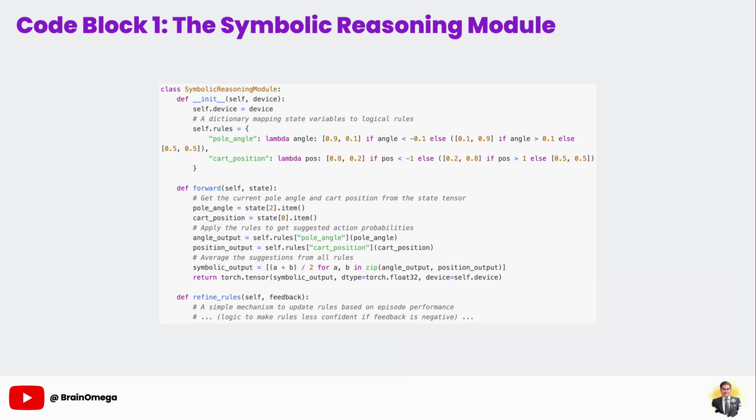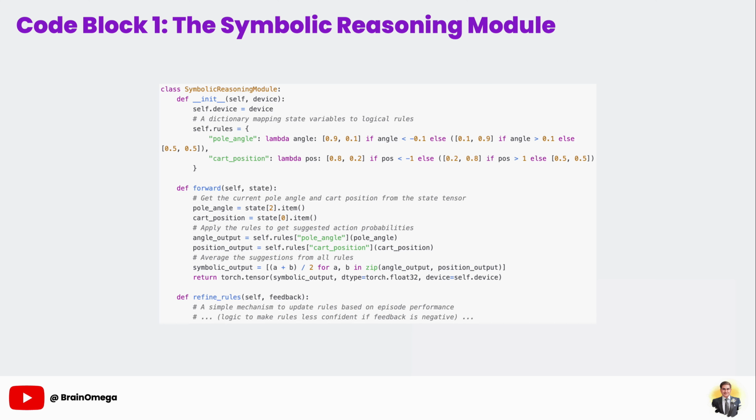For example, the pole angle rule says, if the angle is very negative, leaning left, strongly suggest moving left by outputting 0.9, 0.1. If it's very positive, leaning right, strongly suggest moving right with 0.1, 0.9. Otherwise, if it's balanced, have no opinion and output 0.5, 0.5. We have a similar rule for the cart's position.